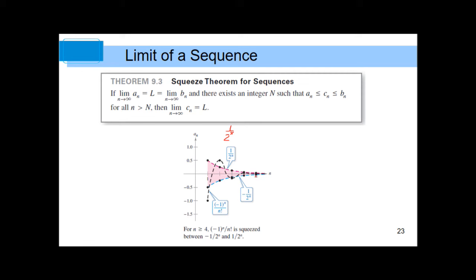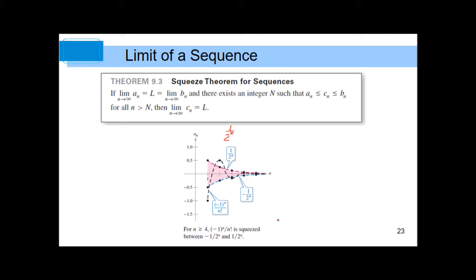And then in black, we have negative 1 to the n over n factorial. What we see in this diagram is that if we plot negative 1 to the n over n factorial and look at where it lies with respect to the pink and the blue graphs, at first it's outside of the two, but eventually it's between them.